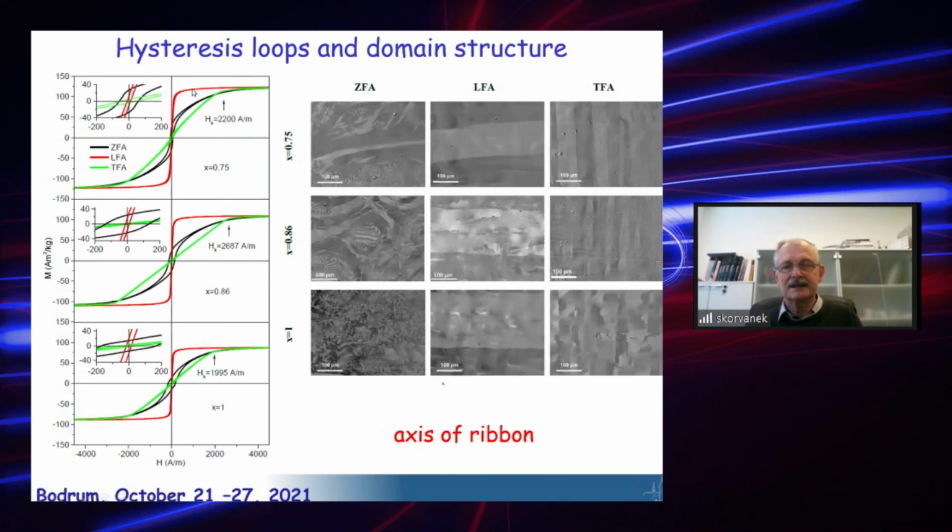And in this case, we see the domain structure, as was already discussed, and the hysteresis loop in accordance with what could be expected after longitudinal and transverse field annealing.